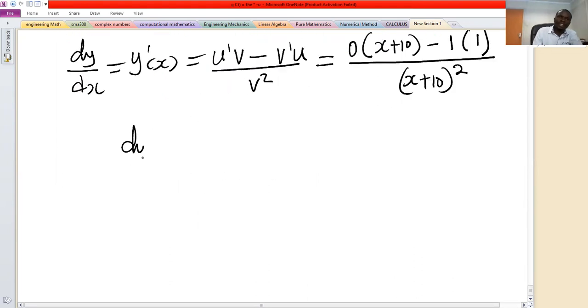So dy/dx will be minus 1 over (x plus 10) squared.